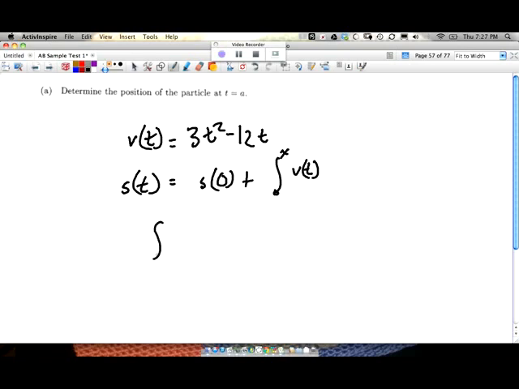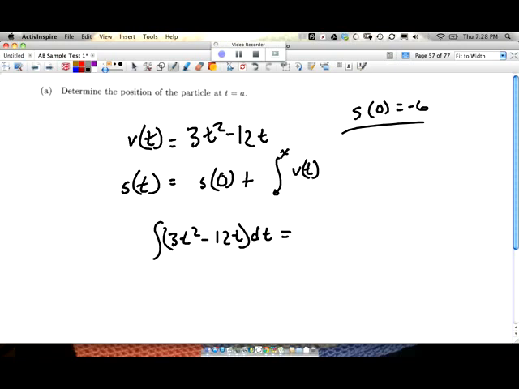Or we could just integrate v of t indefinitely and then use that s of 0 equals negative 6 to solve for the constant. Let's do it that way. So we have the integral of 3t squared minus 12t dt, of course.